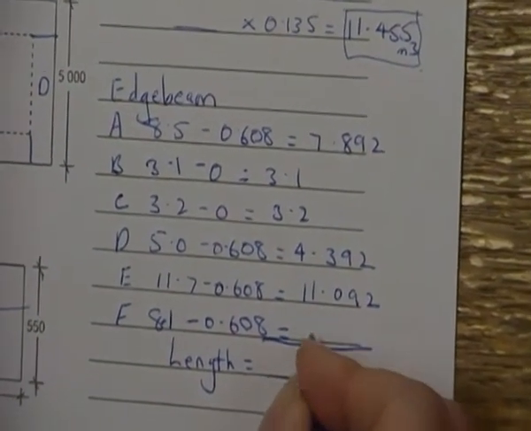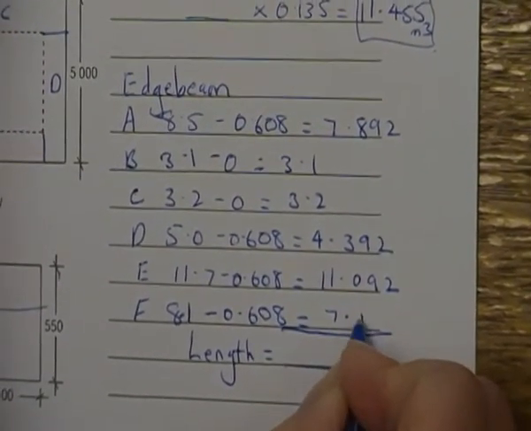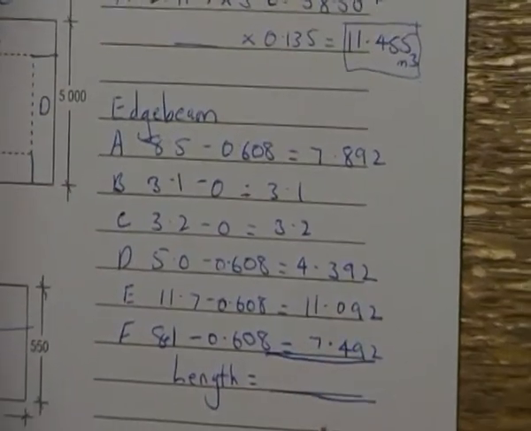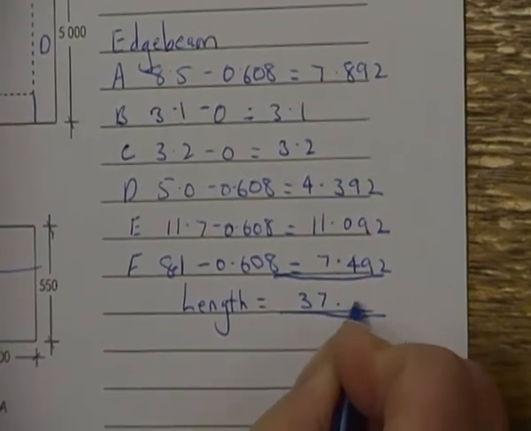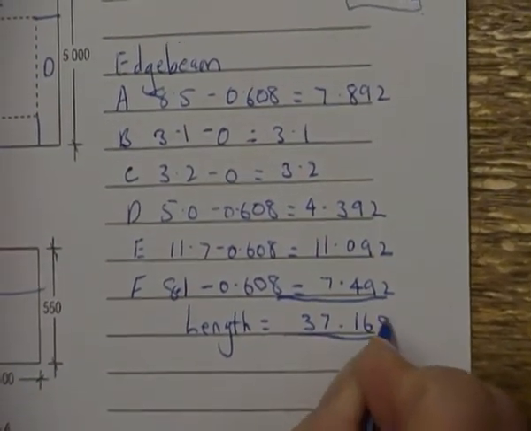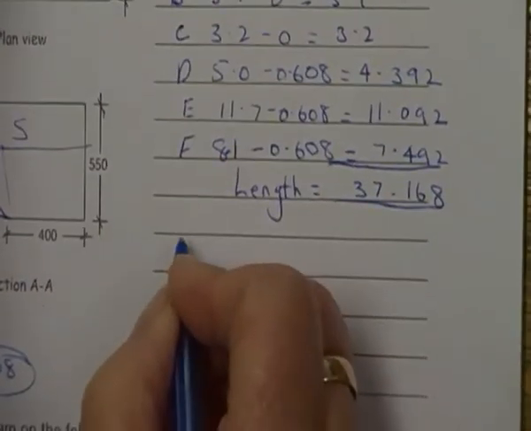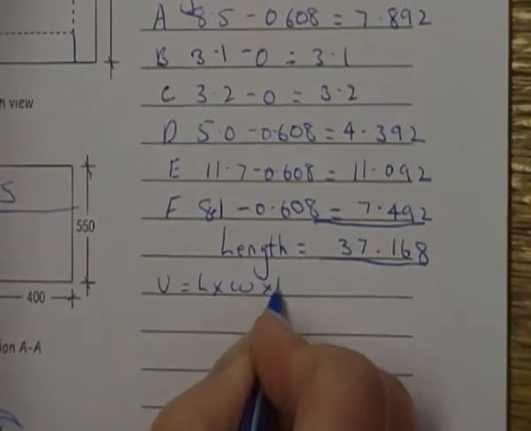And F is 7.492. Now when I add all of these up, I'm going to get a length of 37.168. So when we do my volume, volume is going to be length times width times depth.